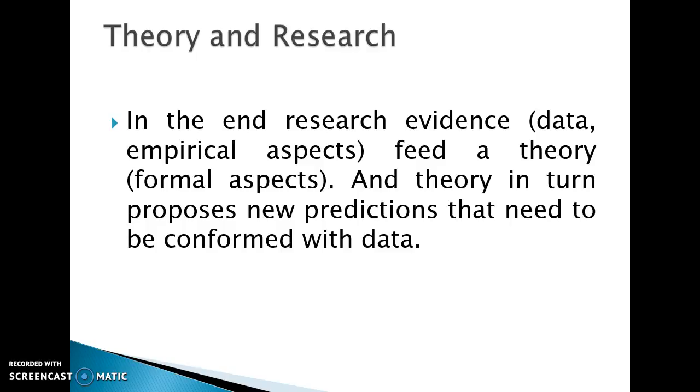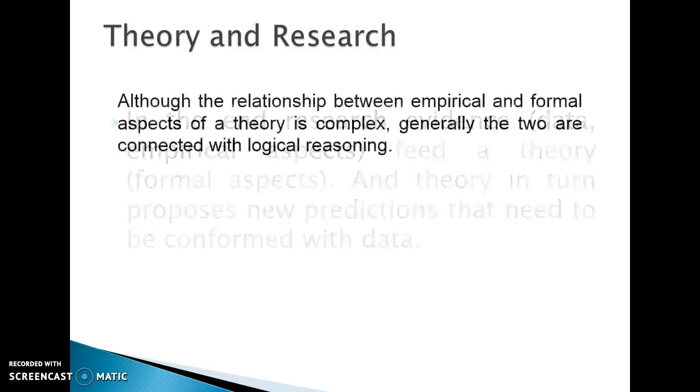In the end, research evidence, data, which are the empirical aspects, feed a theory, which is the formal aspect. And theory, in turn, proposes new predictions that need to be confirmed with data.